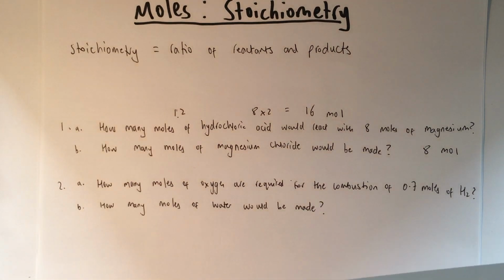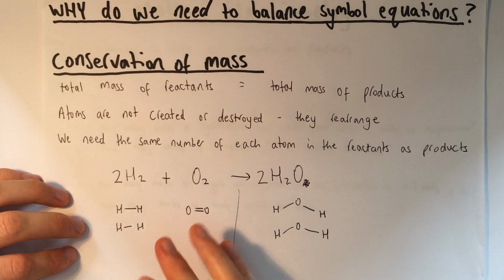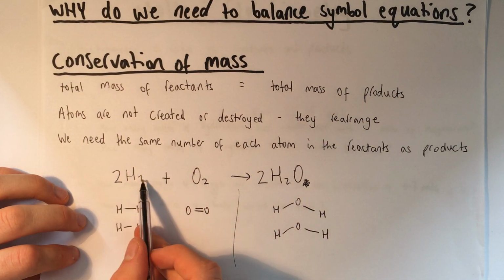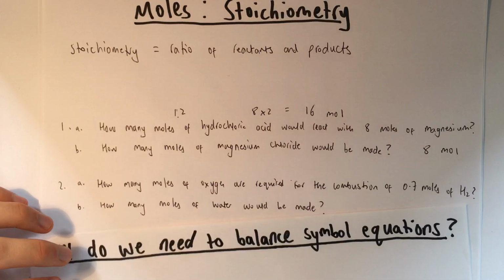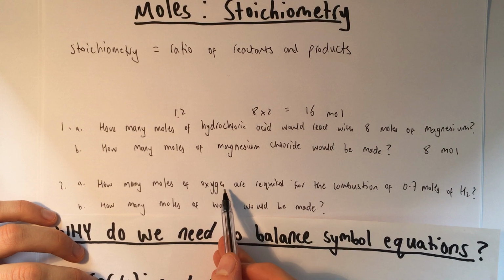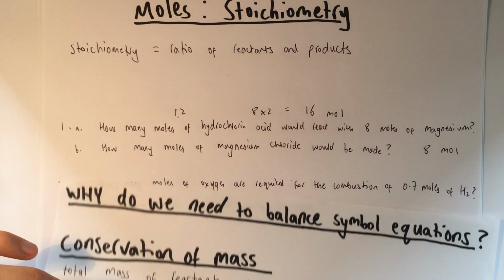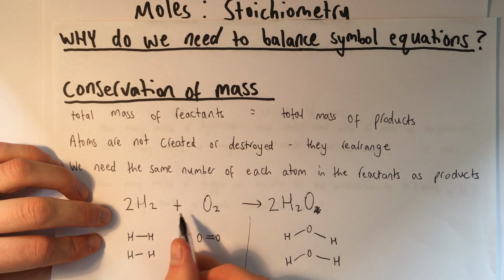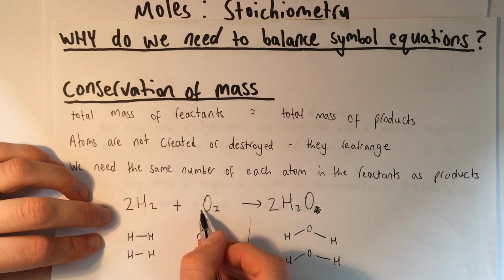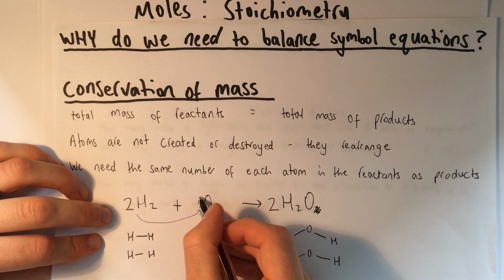Okay, just to make it clear, I'll just go through one more example so you can see a different example. This time it's the combustion of hydrogen gas. So it's reacting with oxygen to make water. So we're asked, how many moles of oxygen are required for the combustion of 0.7 moles of hydrogen? So we're looking at the relationship between hydrogen and oxygen. We know hydrogen, we're trying to work out oxygen, so let's look at what happens. Remember, this is a 1 in front here.